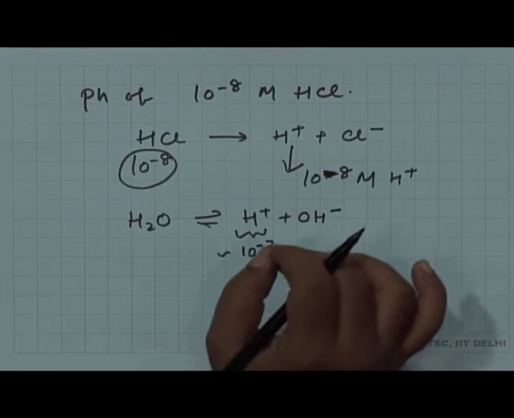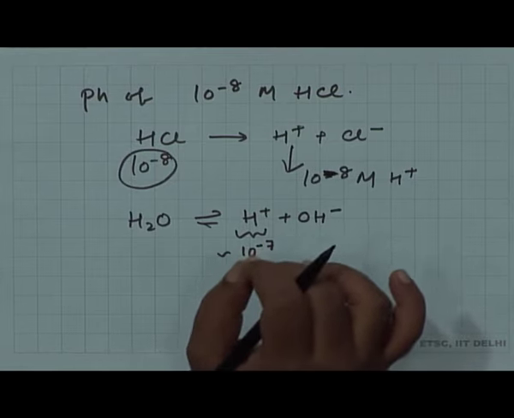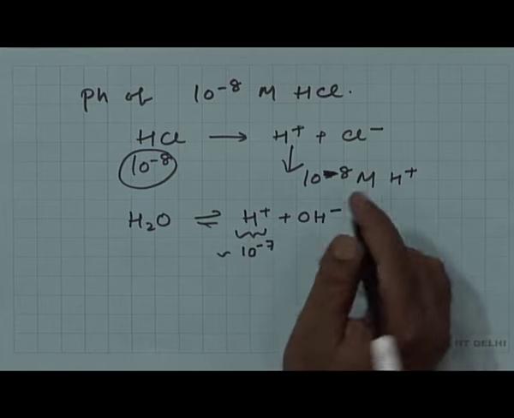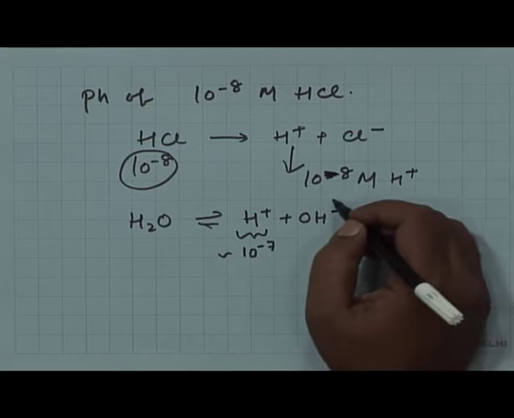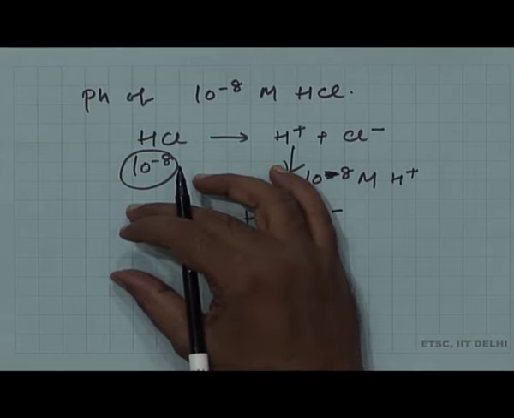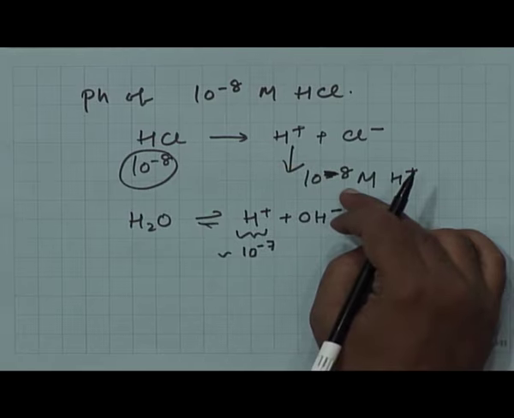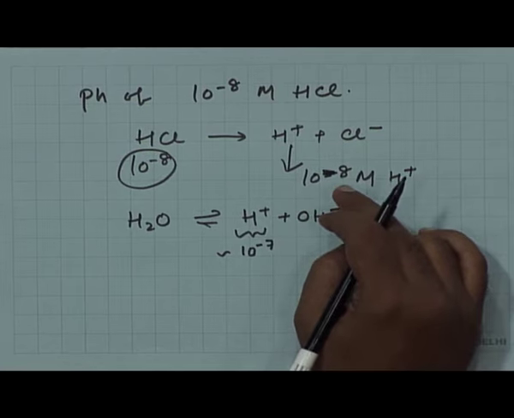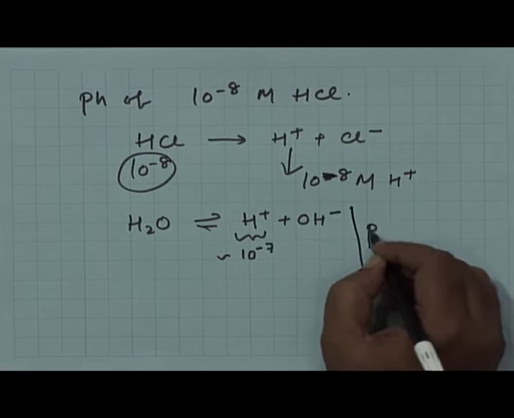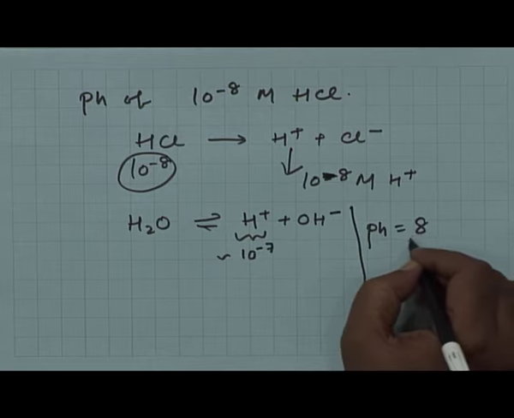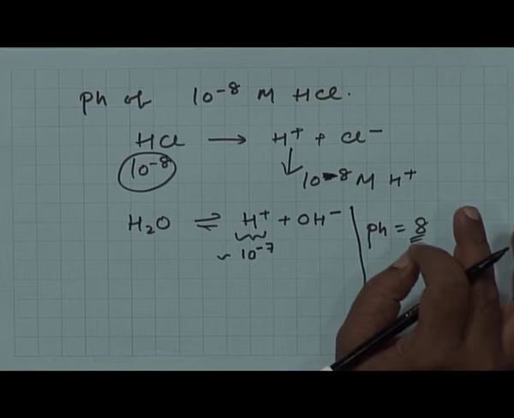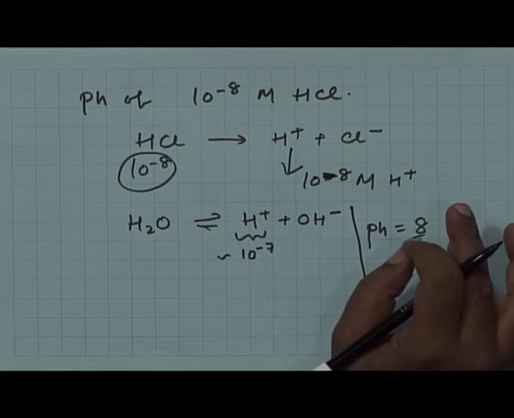We must add these to know the exact amount of H plus ion. You see, if we neglected H2O, then what H plus ion would we get? 10 to the power minus 8 molar. And if we calculate pH, it will be equal to 8, which is not right. pH equal to 8 is not right.